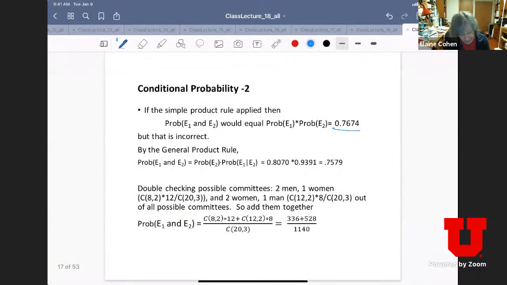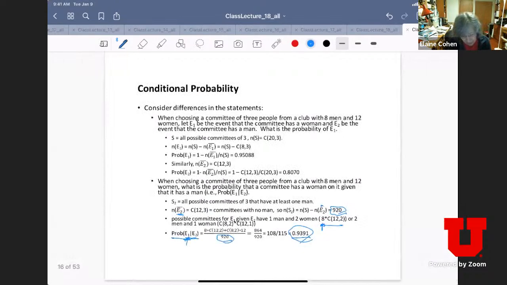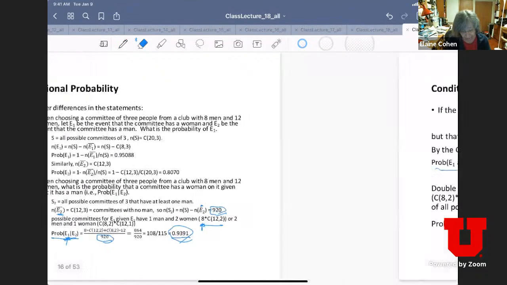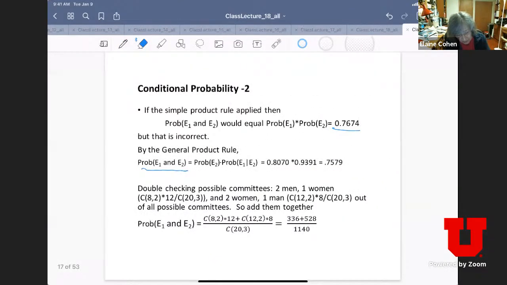When we're looking at the probability of E1 and E2, what's the probability of E2? What was E2 again? The event that the committee has a man. So we're given that the committee has a man.